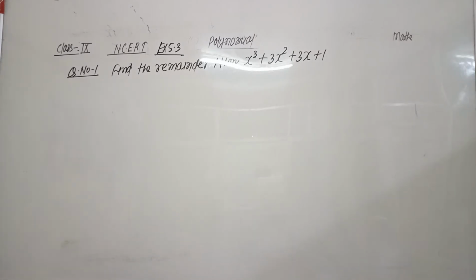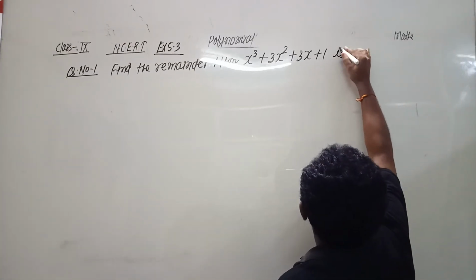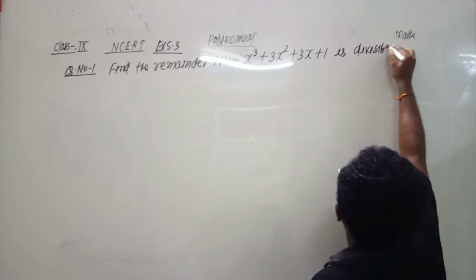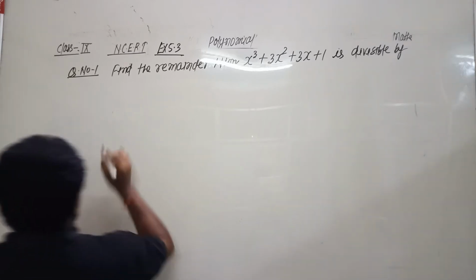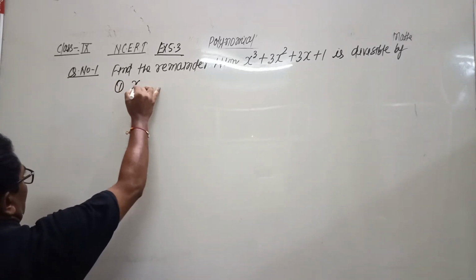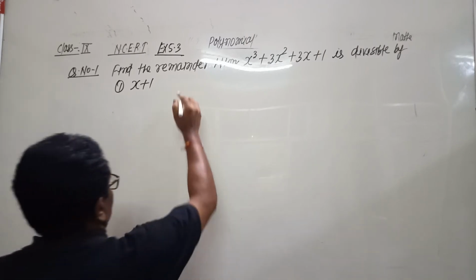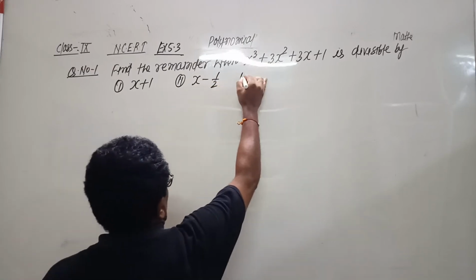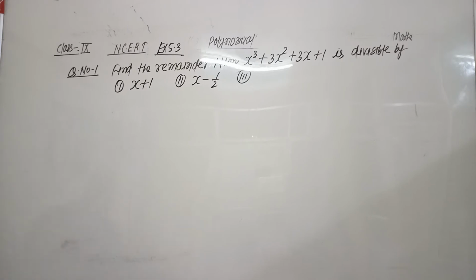The first part is x plus 1. The second part is x minus 1 by 2. The third part is x.